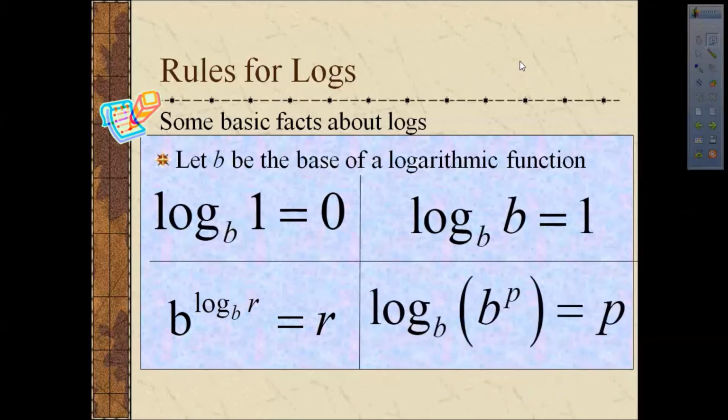And finally, the log base b of b to the p is equal to p. These two facts on the bottom are essentially ways that we are going to cancel out exponentials and logs when we are solving equations. So these two facts will become more and more important in future sections.